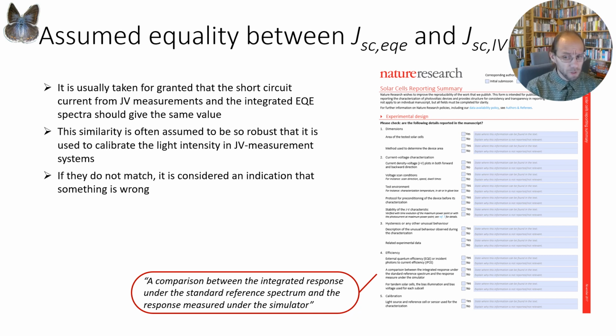And if the two values aren't similar, it's usually taken as an indication that something has gone wrong. And this is also something that's been codified in the perovskite community in the form of, for example, various checklists which you need to fill in if you would like to get your data published in some prominent journals.